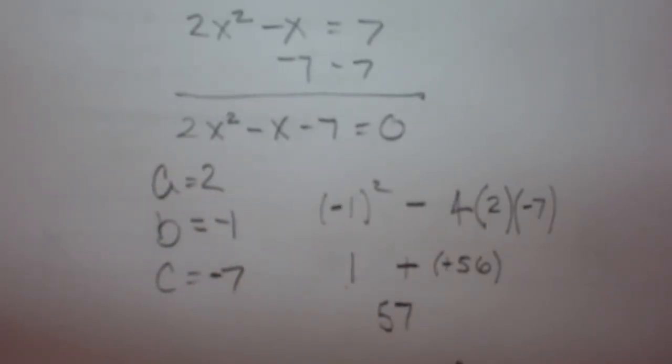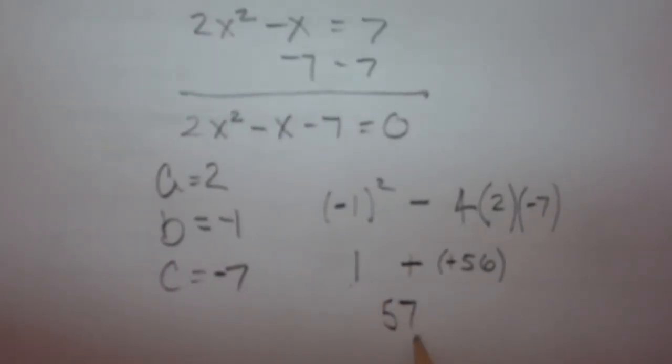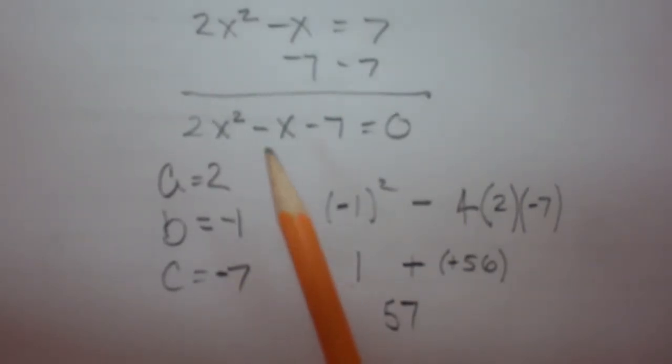This discriminant is a positive number, which means that it is going to be a real number. It's not going to be imaginary. However, 57 is not a perfect square. If you take the square root of 57, you're not going to get a rational number. That means that the roots have to be a real number that is irrational.